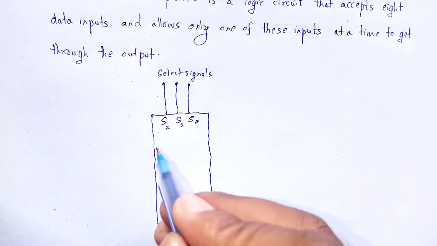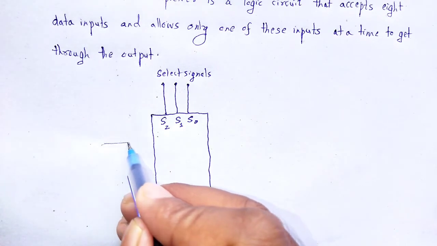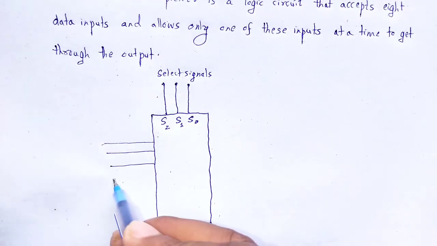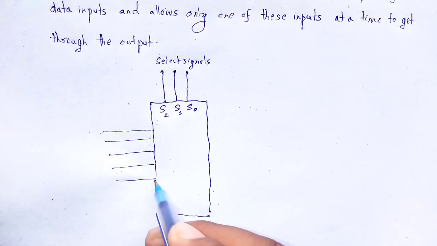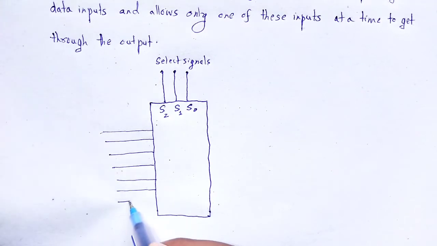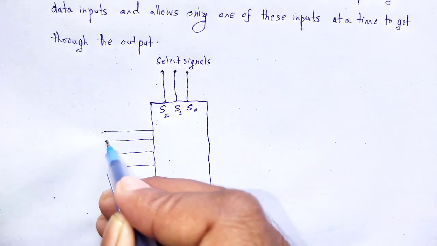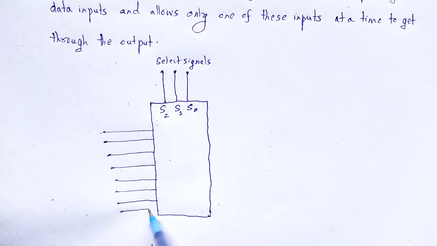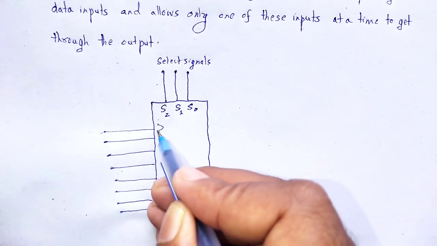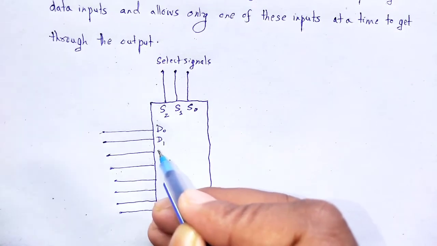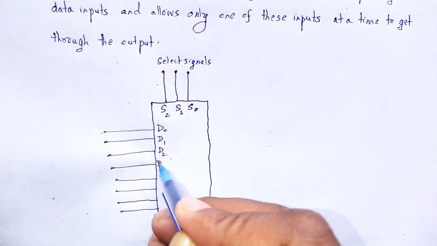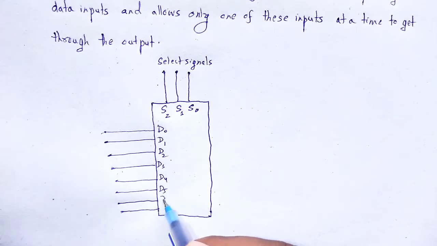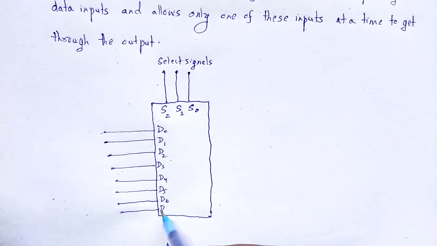Data inputs, 8 data inputs, 1, 2, 3, 4, 5, 6, 7, 8, named as D0, D1, D2, D3, D4, D5, D6 up to D7.